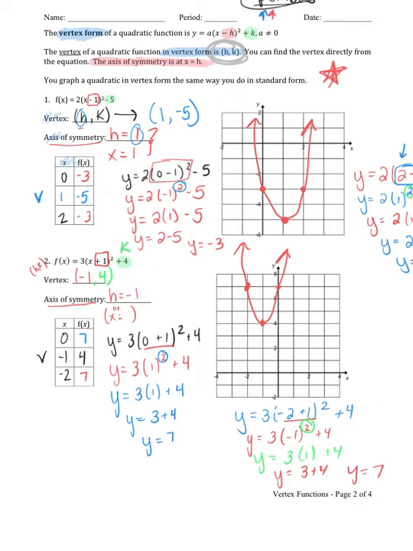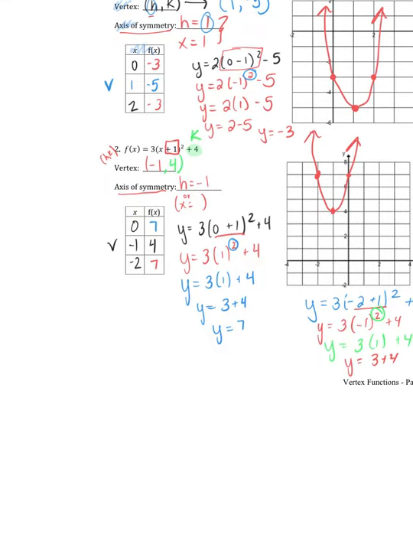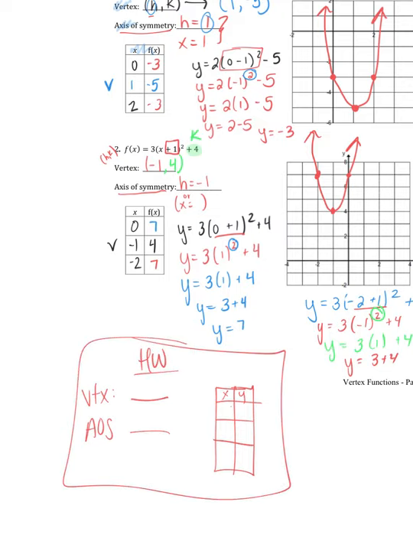So what I want you to do on your homework is near every graph, I want you to write vertex in a line, axis of symmetry in a line, and then a little box that has X, Y, and 3 places so you can write. So on your homework, you need to draw this on every single problem. Sound good? If you have any questions, please let me know.